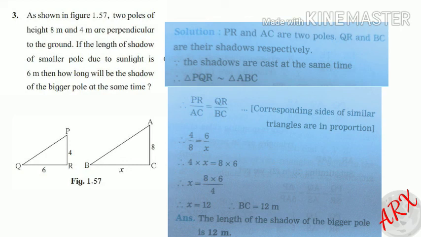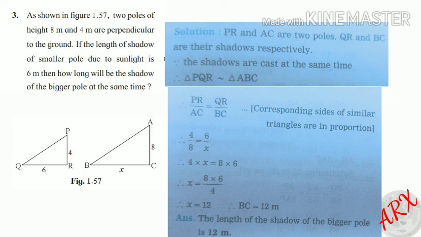Now let PR and AC be the two poles and QR and BC their shadows respectively. The shadows are cast at the same time. Hence, triangle PQR is similar to triangle ABC.